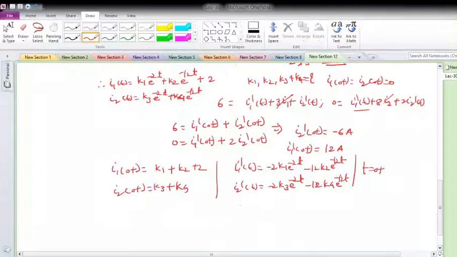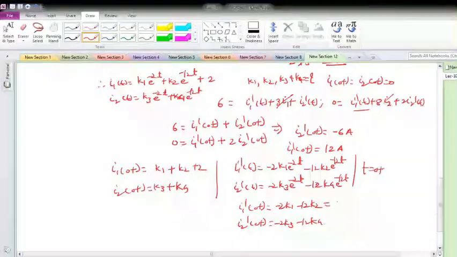So I1 dash of 0 positive will be minus 2K1 minus 12K2, and I2 dash of 0 positive will be minus 2K3 minus 12K4. Okay, and I1 dash of 0 positive we have calculated as 12. So this is 12 and this is minus 6.